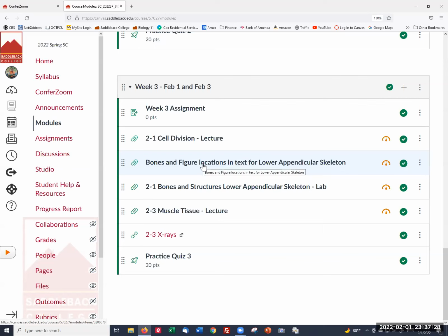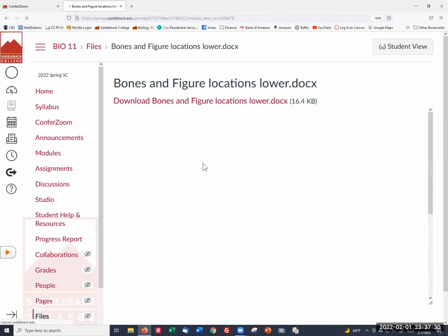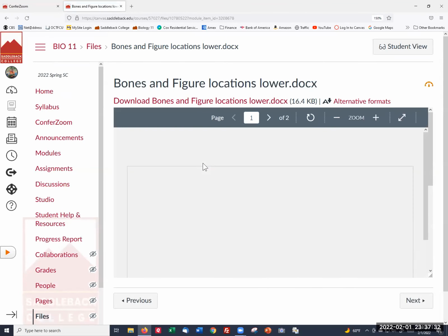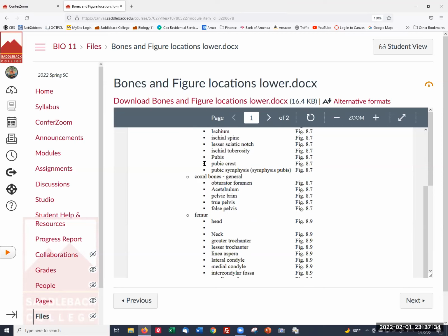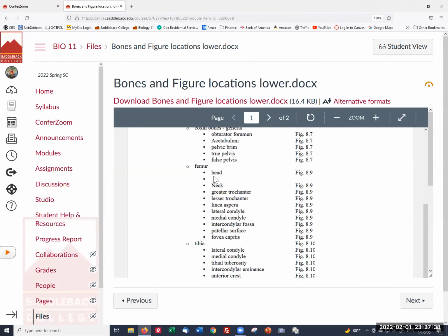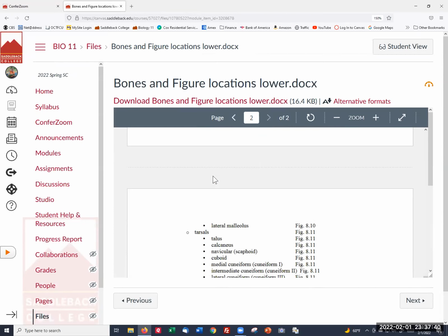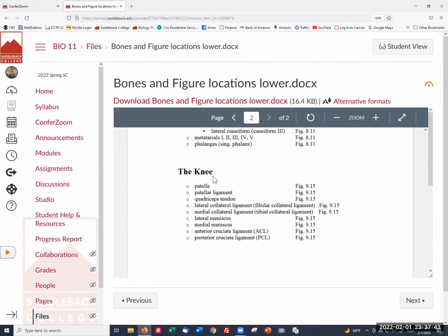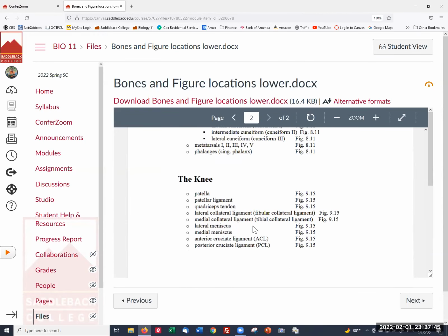Here's our figure locations. So with your book, you can see the bones that we're going to look at.